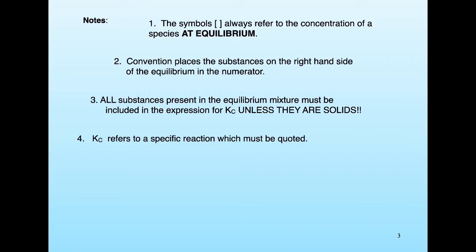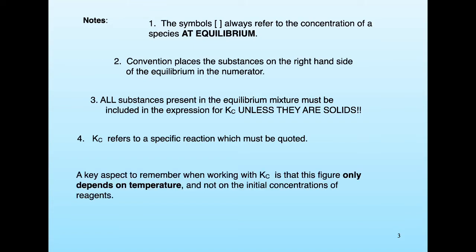Kc is for a specific reaction, and you must quote the reaction. Interesting: it's a constant. We call it the equilibrium constant, but it's only constant if the temperature is kept constant. Kc is temperature dependent. So if we change the temperature, we change Kc.